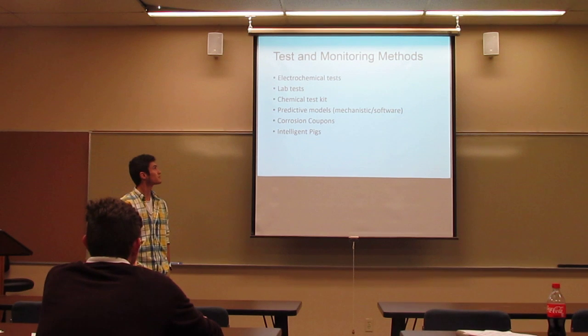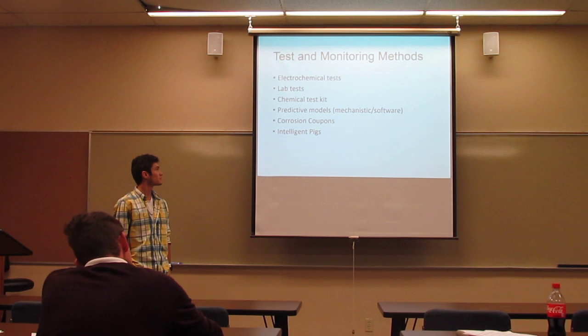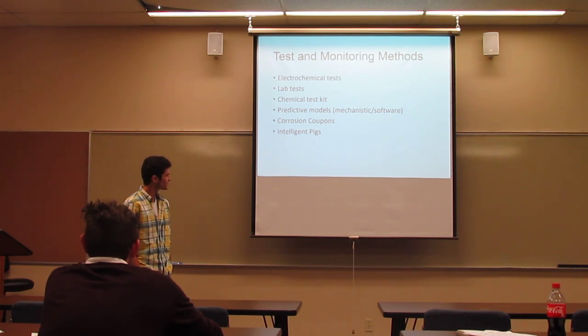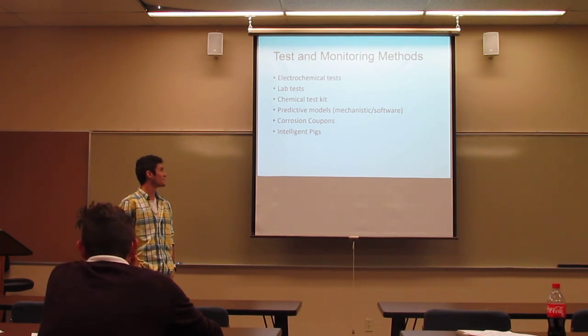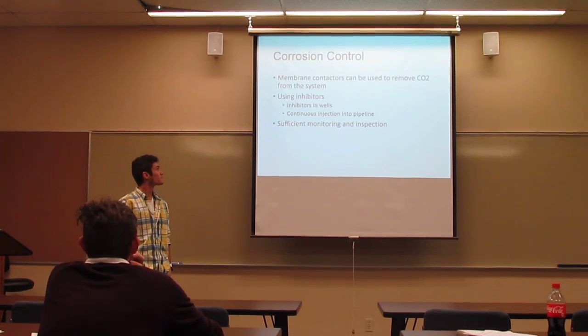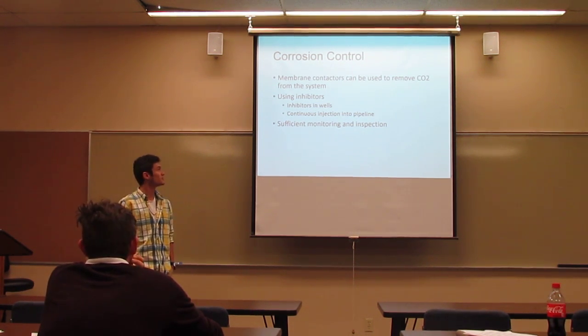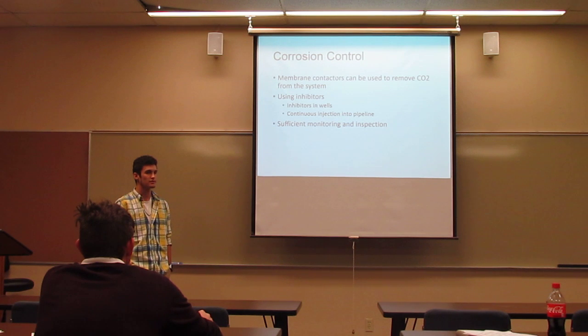Testing and monitoring methods: electrochemical tests, lab tests, chemical test kits, predictive models like mechanistic models and software, corrosion coupons, intelligent pigs. Corrosion control: membrane contactors can be used to remove CO2 from the system, using inhibitors as well, continuous injection into the pipeline, and sufficient monitoring and inspection.